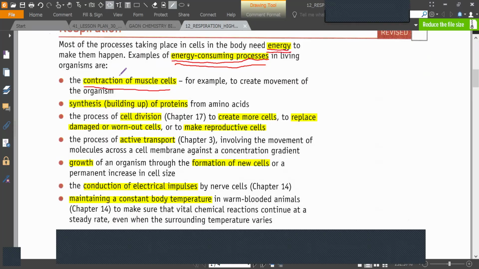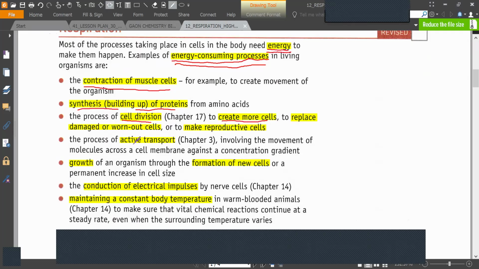Synthesis of proteins, to produce molecules in our bodies, also needs energy. Cell division, to create more cells, also needs energy.